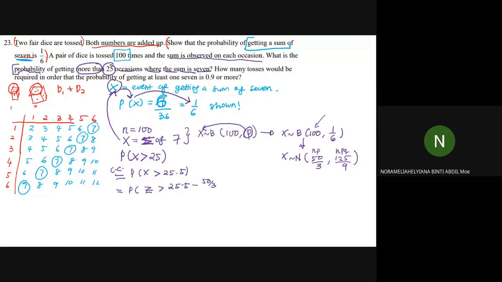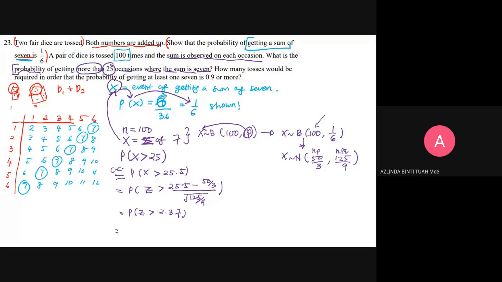25.5 minus 100 over 3, over 6 divided by... we get a value, greater than and positive value.